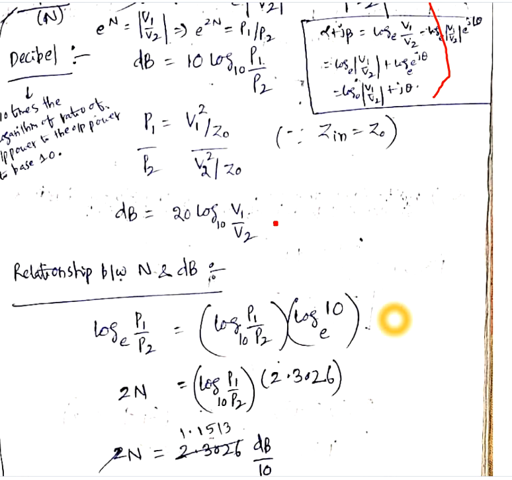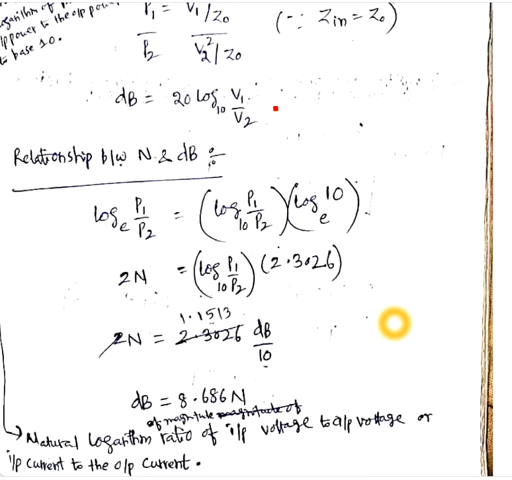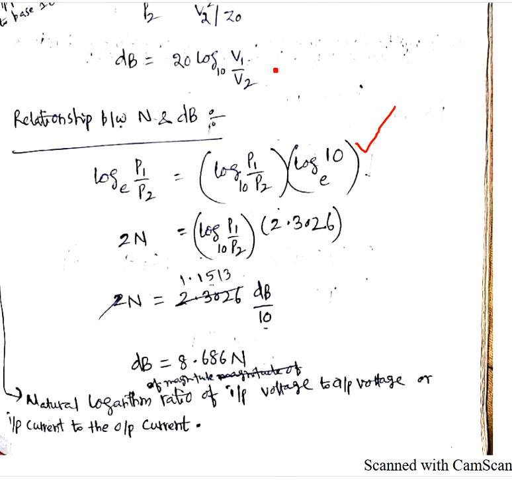So using that condition, we can replace ln P1 by P2 equals log 10 P1 by P2 into ln 10. That means ln means log to the base e of 10. So this is just a number value which is equal to 2.3026, and here log 10 P1 by P2 is nothing but we can get it into the relationship of decibels.